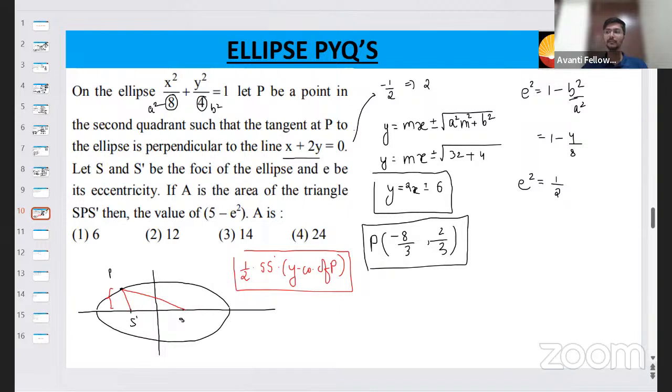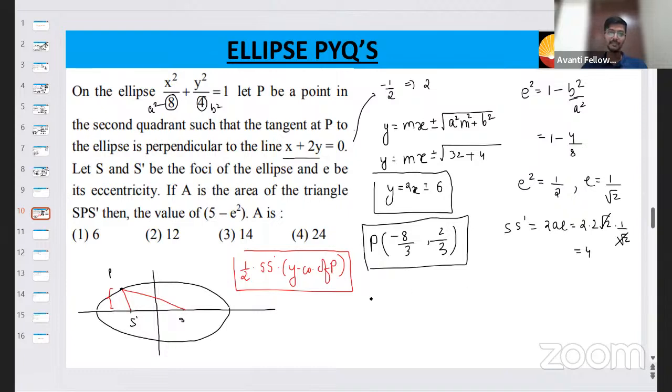E square is 1 by 2, so that means E will be equal to 1 by root 2. So what are the coordinates of S? S S dash length is 2AE. That means 2 into 2 root 2 into 1 by root 2. A is 2 root 2. Yes. So this will be equal to 4.